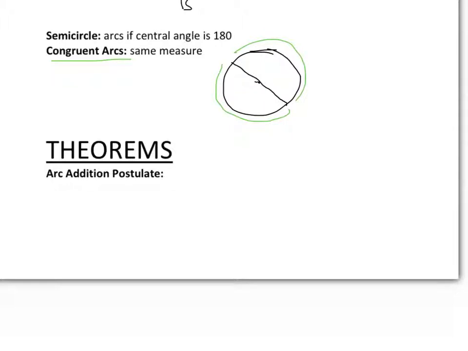The arc addition postulate is very similar to the segment addition postulate and angle addition postulate, stuff that we've already gone over. We're just going to be dealing with arcs now instead of angles and segments.